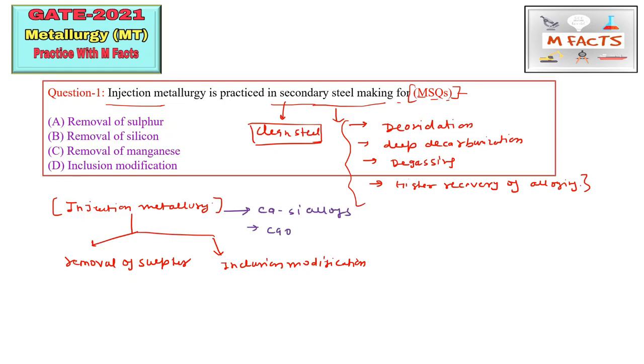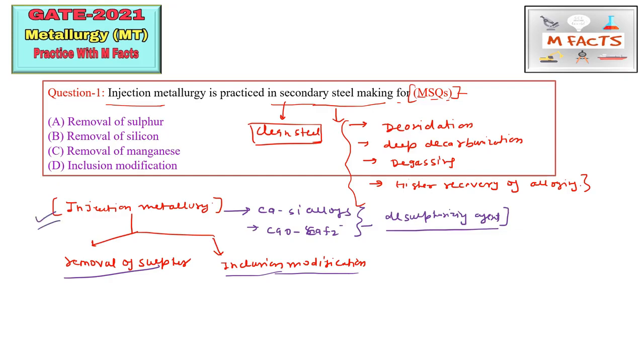CaO compounds, CaF2, these are all desulfurizing agents.